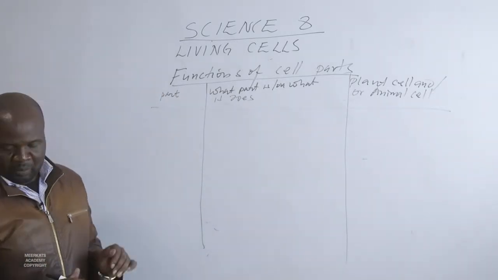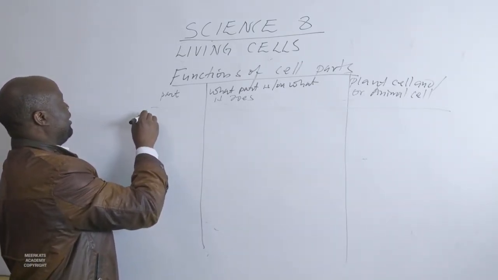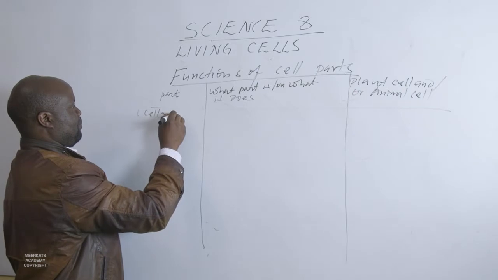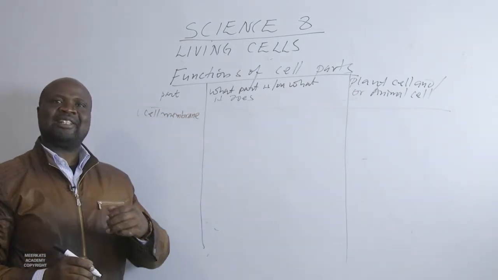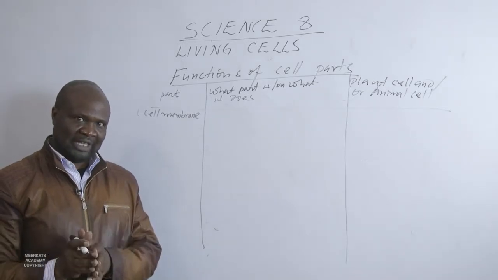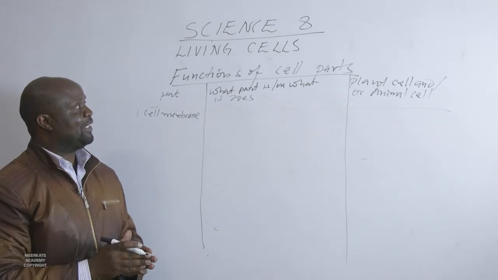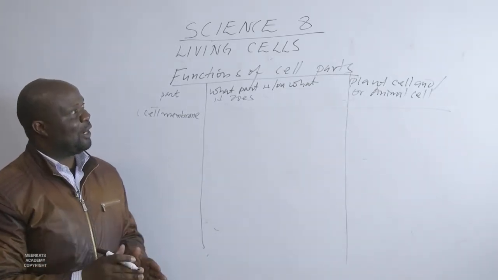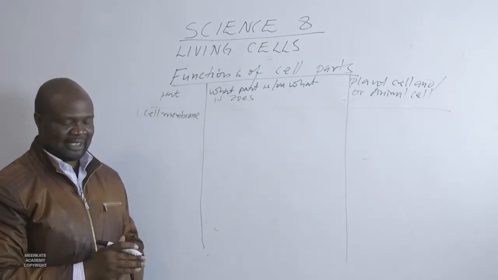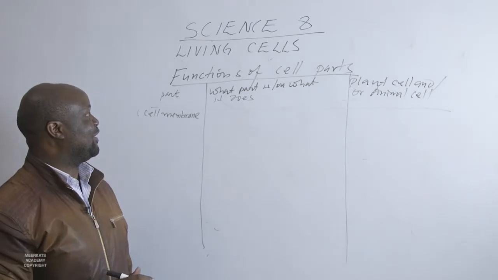Now on this table, for instance, we shall start with the cell membrane. Cell membrane is a structure that is within the cell. We want to know what part it is in a cell, and what it does. So we are seeing this is an outer lining of a cell.